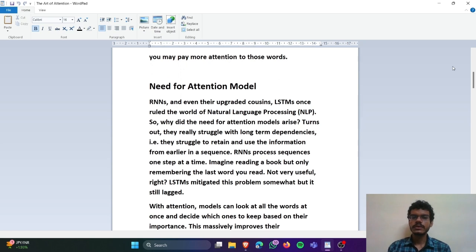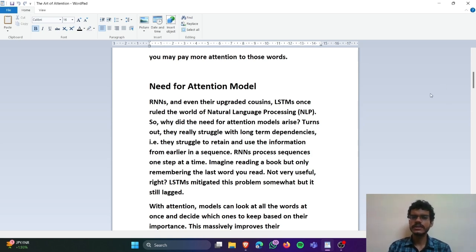To understand this better, you can take a real life example, like when you are in a conversation, you pay attention only to the important details and omit the less important ones. So this is precisely what the attention mechanism does.